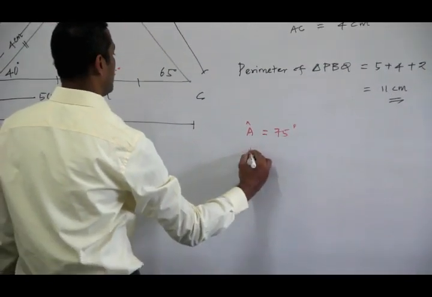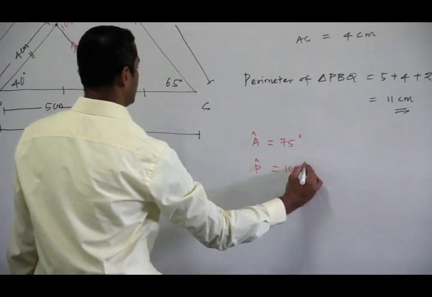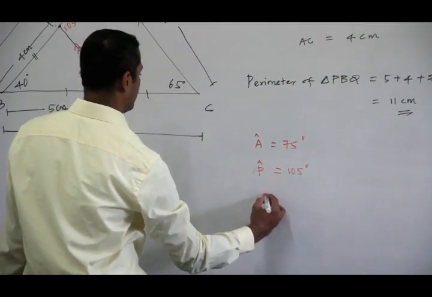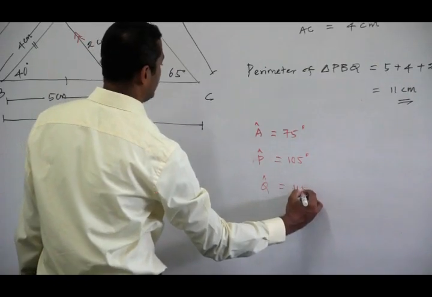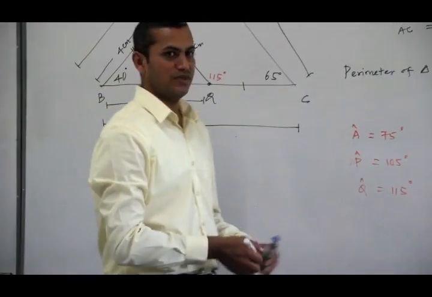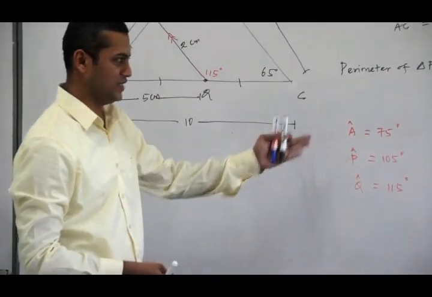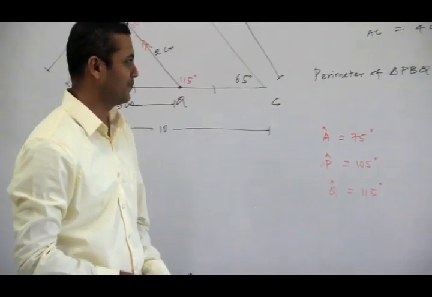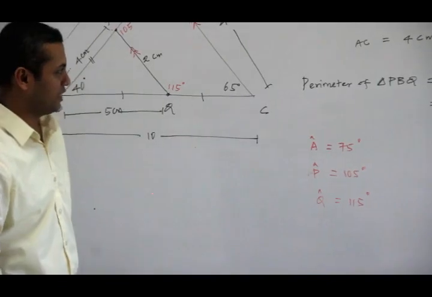Angle P equals 105 degrees. Angle Q equals 115 degrees. If you want, you can write down the reason, how we found these angles. Hope you understood. Okay, we'll do the next question.